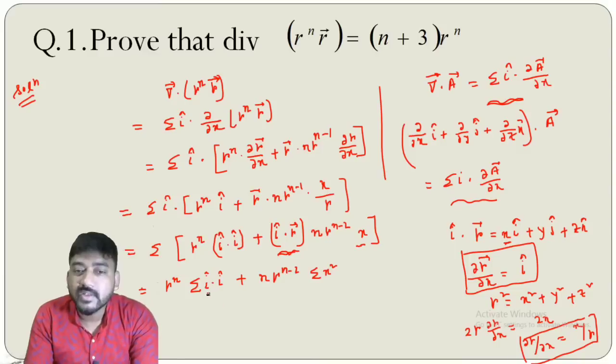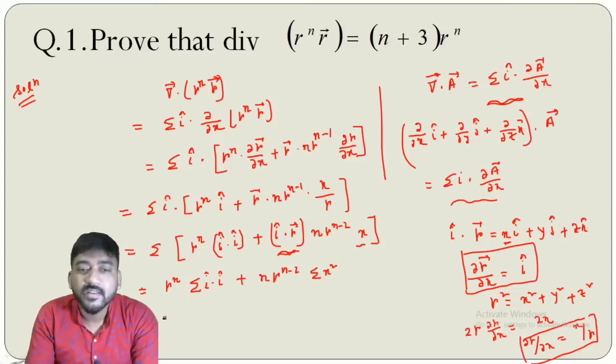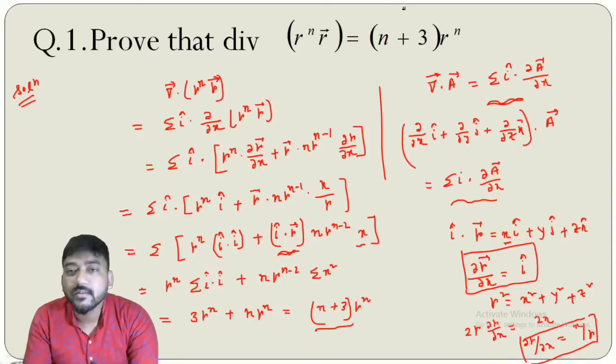Here summation i dot i is 1 plus 1 plus 1, that will be 3. So it will be 3 r to the power n plus n r to the power n minus 2 into r square, that means only r to the power n. Now if you take r to the power n common, you will get n plus 3 r to the power n. So this is the necessary result.